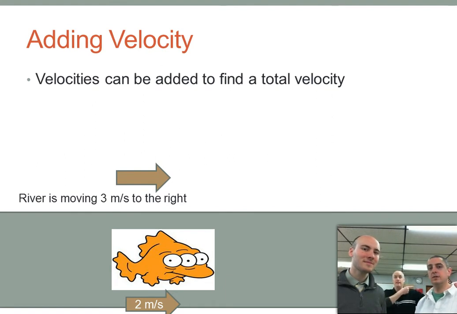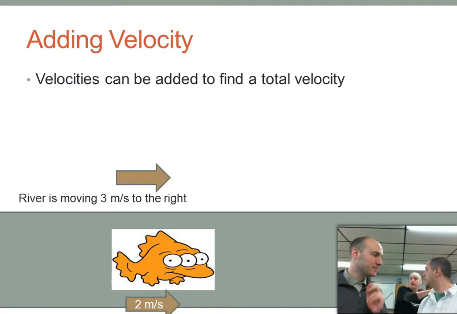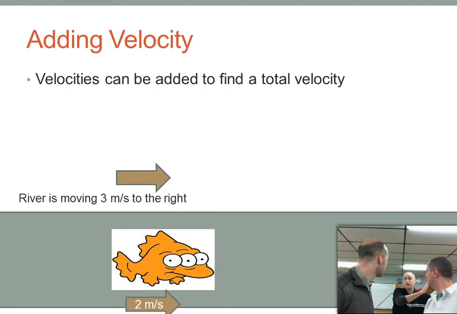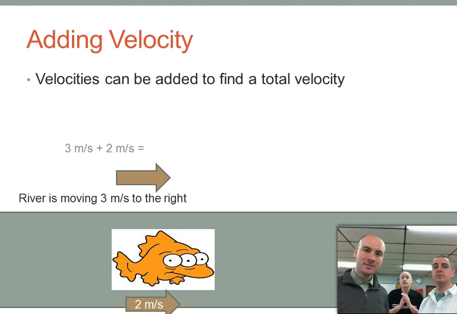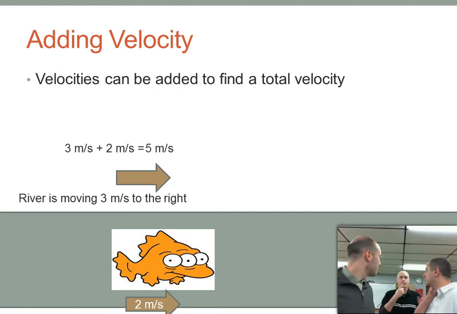And he is swimming with the river, which means he's also going to the right, at 2 meters per second. So the river's pushing him, and he's swimming with it at a velocity of 2 meters per second to the right. You add those two together, it's 5 meters per second to the right. That's how fast he is. So you just add them together, if they're going together.